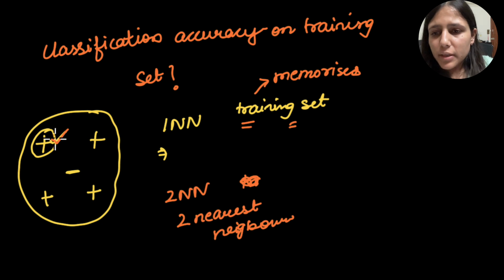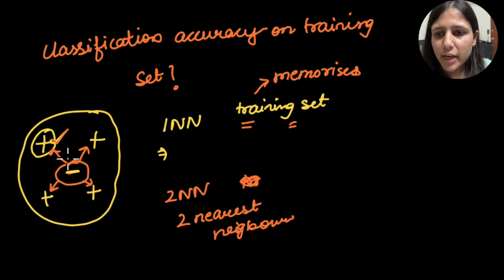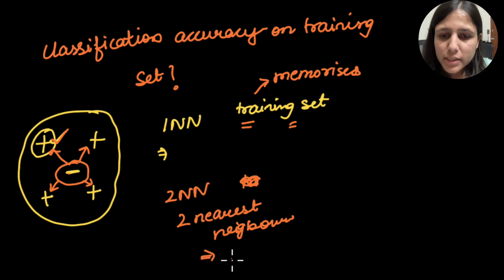For example, when I'm classifying this point, I can take any two neighbors here. All of them are positive, right? So even if we get into a tie, I can randomly select two neighbors, and this negative point will actually be classified as positive.